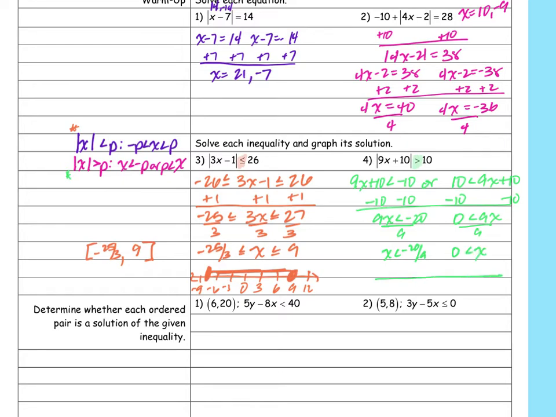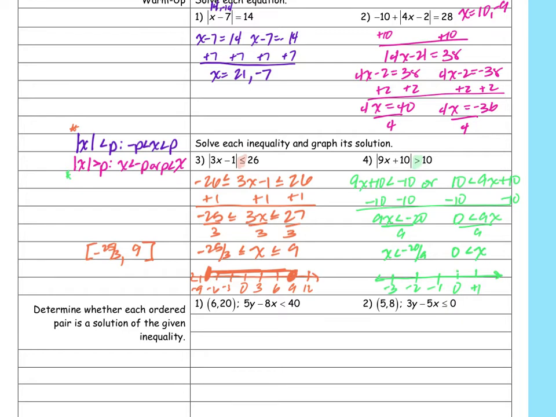So if I was to graph this, 9 goes into 20 2 times, negative 2, so negative 1, 0, oh sorry, positive 1, negative 1, negative 2, negative 3.